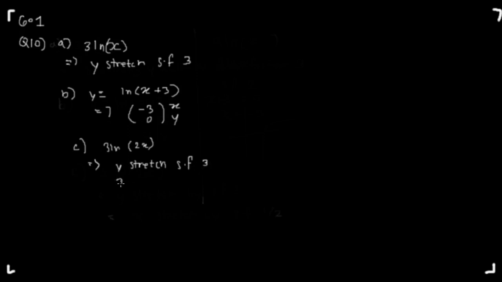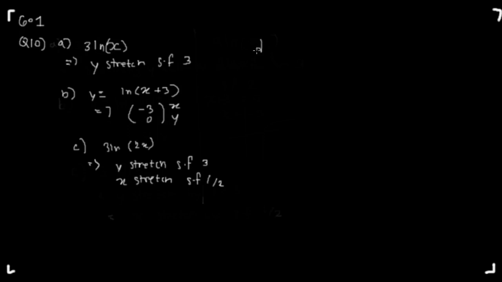And x stretch is at the scale factor 1 by 2, because you're going to find the reciprocal of this. So the compression is 2, but the scale factor of the stretch is going to be 1 by 2.